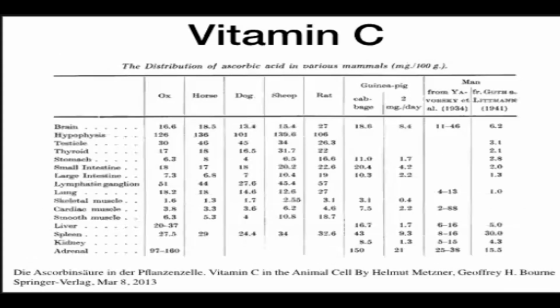I was able to find this old study in a German book that was looking at vitamin C in different tissues of many different animals, and the skeletal muscle one is here. So if you think that maybe beef is somewhere between the ox and the sheep, it's maybe about 2 milligrams per 100 grams.